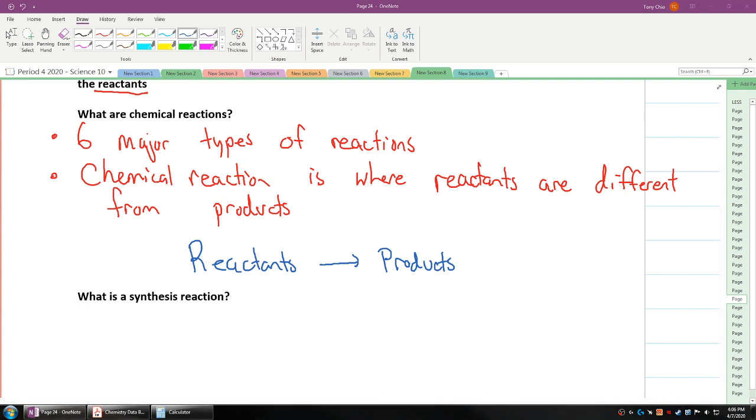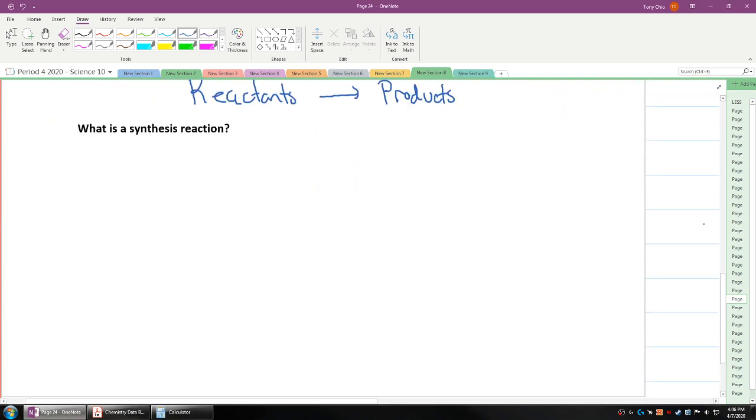So we're going to go into our first type of reaction, which we call a synthesis reaction. Now some of you might have heard the word synthesis before because it comes from the word to synthesize, which means to make.